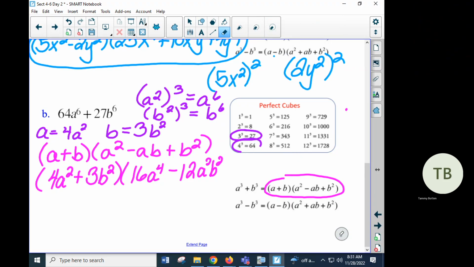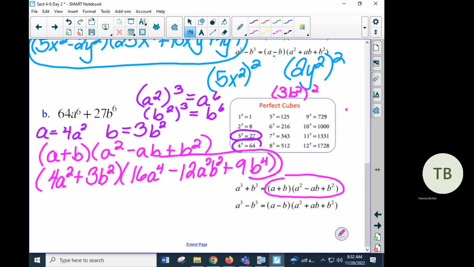And then I have to go plus b squared. And b is 3b squared squared. 3 squared is 9. B to the 2nd squared would be b to the 4th. And that is your answer.